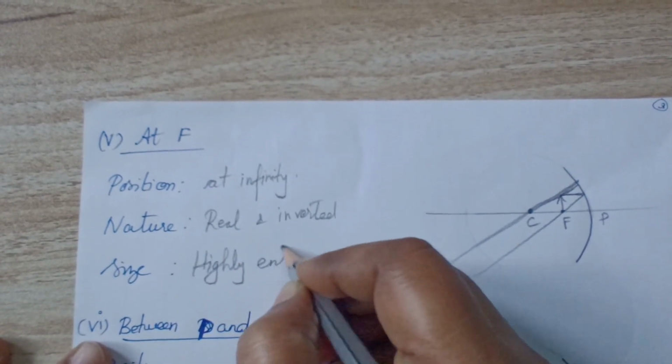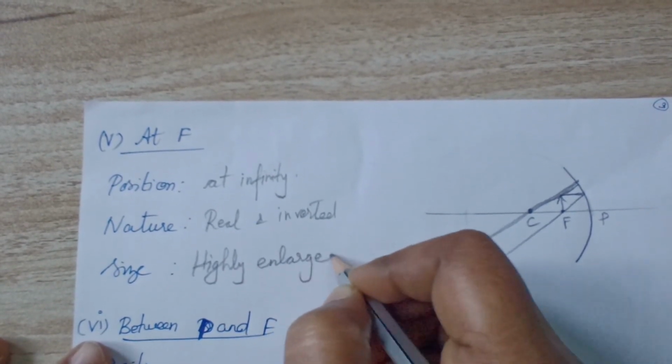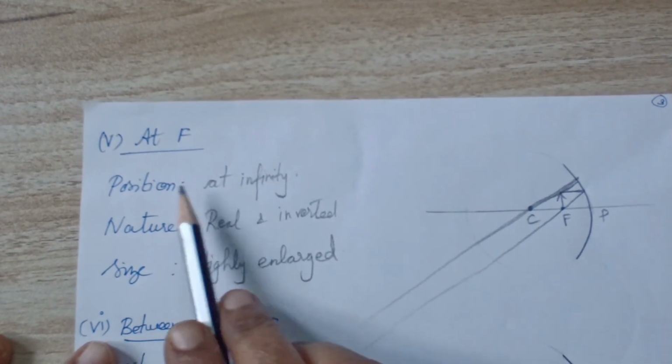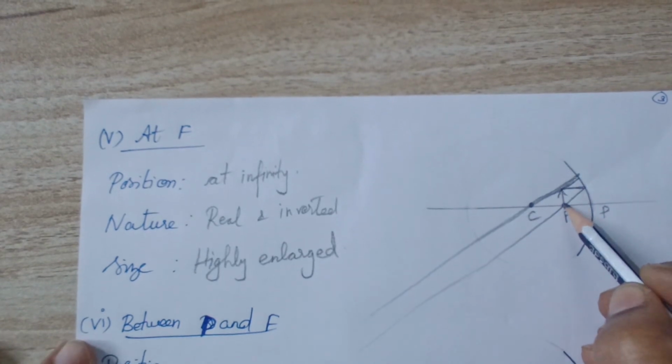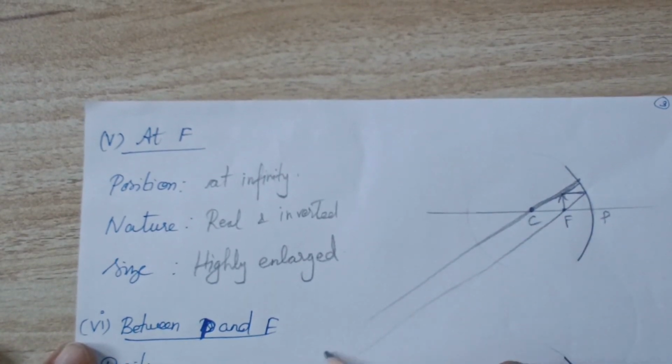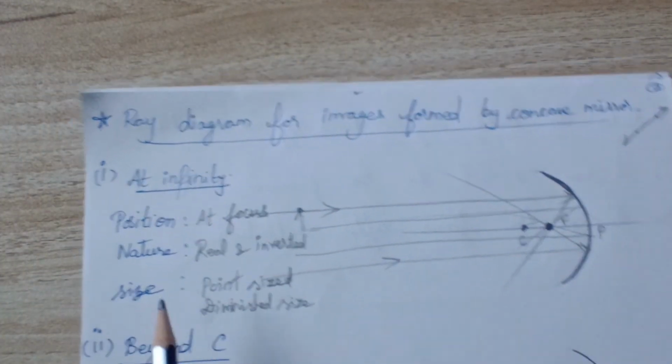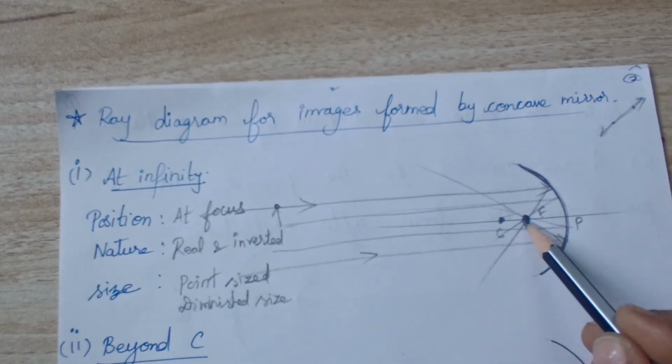Okay, if the object is at this focus point, you will get the image at infinity. In the first case we have seen that when the object is at infinity, we will get the image at the focal point. Okay, remember that.